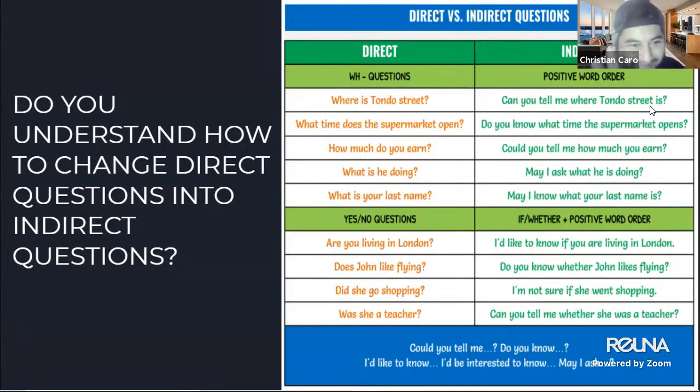So you remember this. Also, for example, do you know what time the supermarket opens? You check out this part, you take the supermarket, but then you put the conjugation of the simple present tense in this case. Supermarket opens, and you're like, what? It's because it breaks the rules, because everybody knows that in a question we use the infinitive form of the verbs.